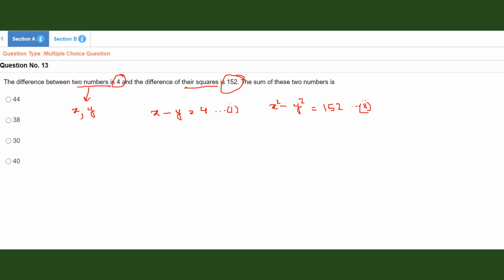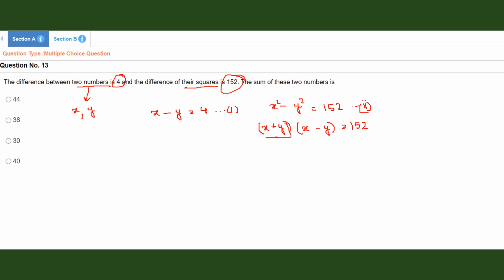to solve this, we will modify x square minus y square to be (x plus y) into (x minus y). Now we can see that they are asking about this sum x plus y, and they have already provided us the x minus y.